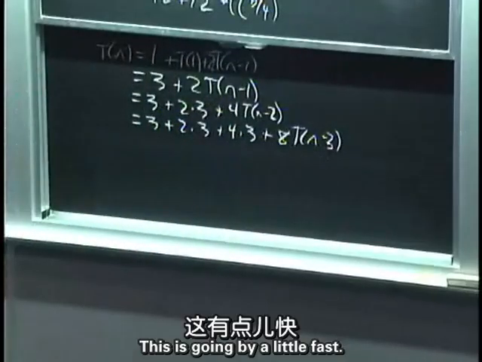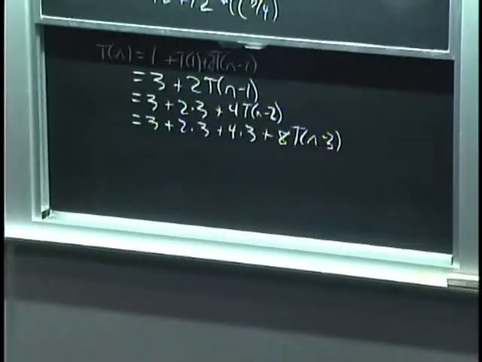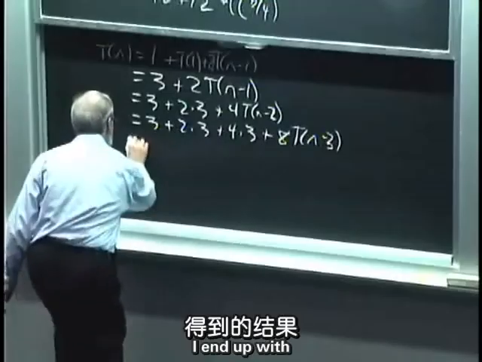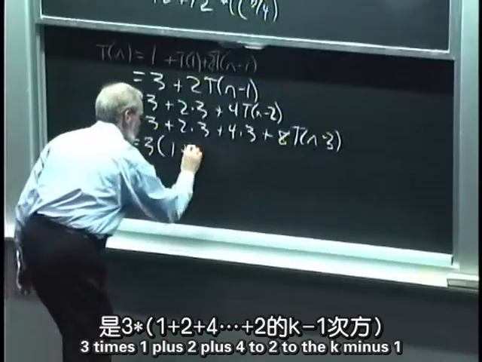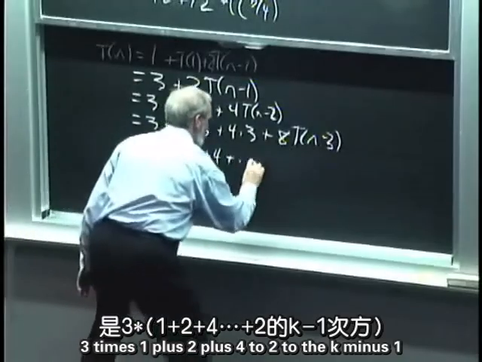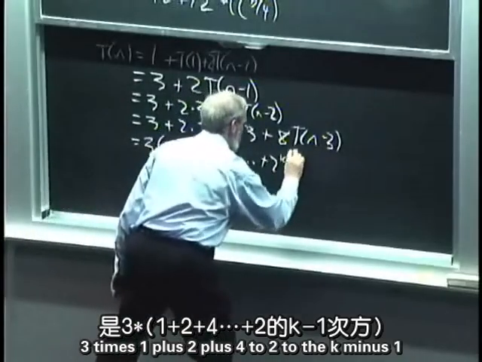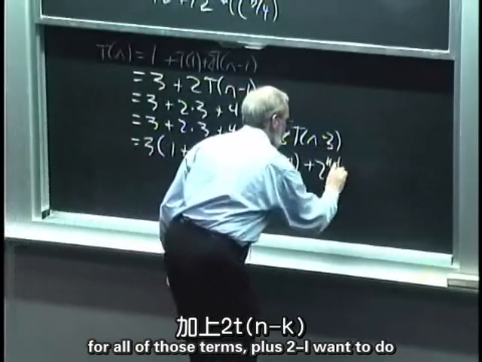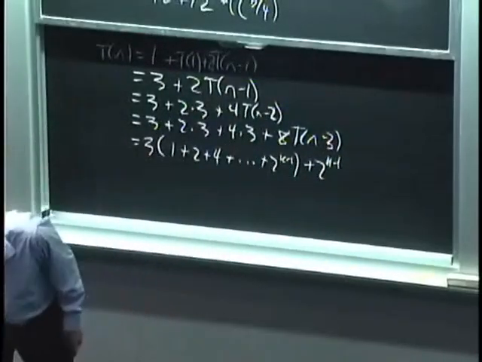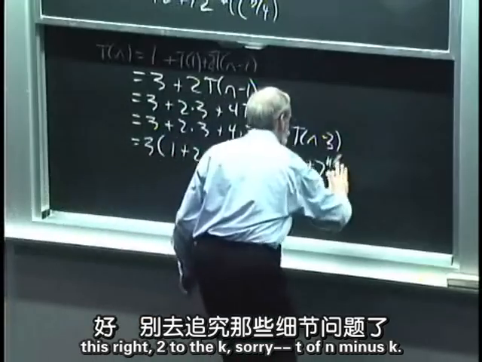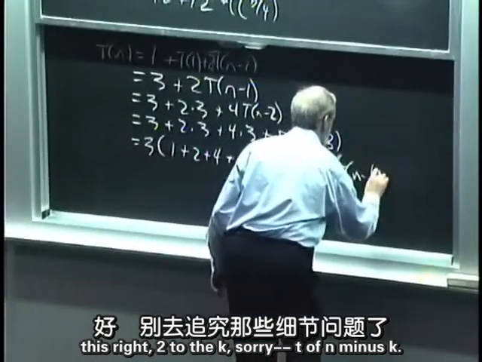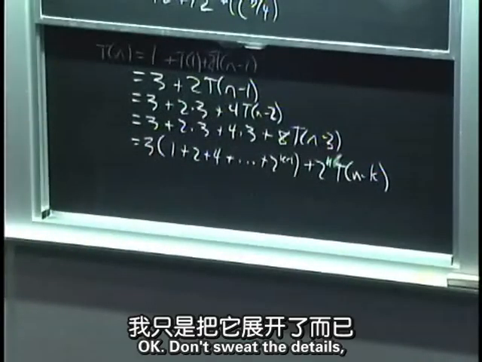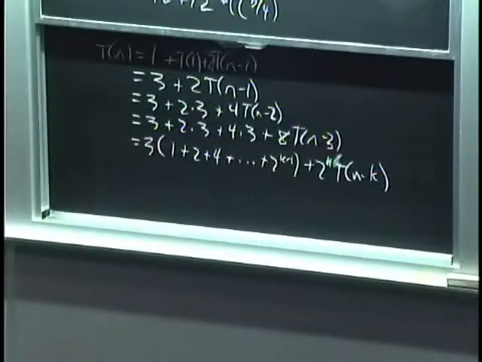And this is going by a little fast. I'm just substituting in. I'm going to skip some steps. But basically, if I do this, I end up with 3 times 1 plus 2 plus 4 up to 2 to the k minus 1 for all of those terms, plus 2 to the k, t of n minus k. Again, don't sweat the details. I'm just expanding it out.